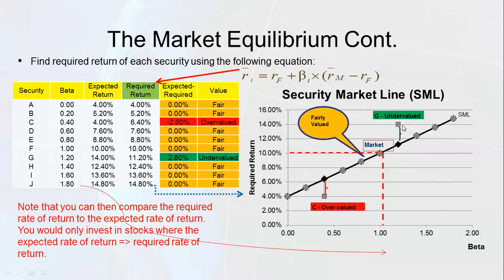So in market equilibrium, what happens is that investors will know that this security is too expensive. A lot of investors are going to start shorting this security because they know the price is going to drop and then they can make a return.